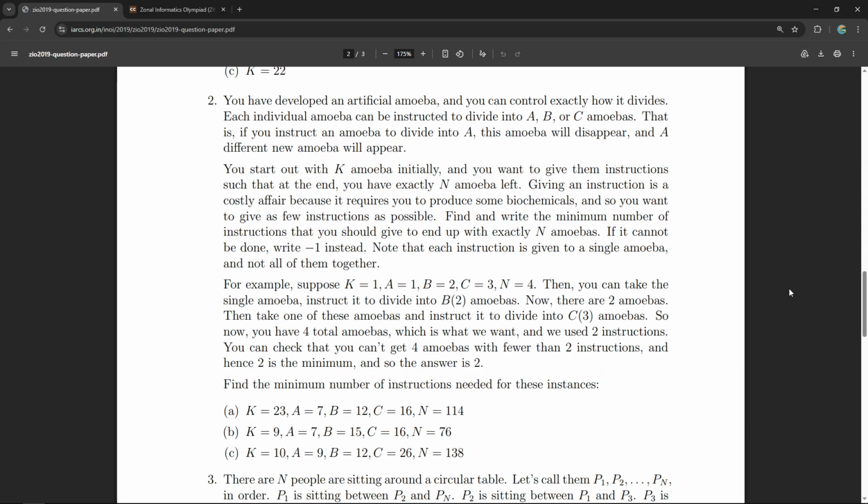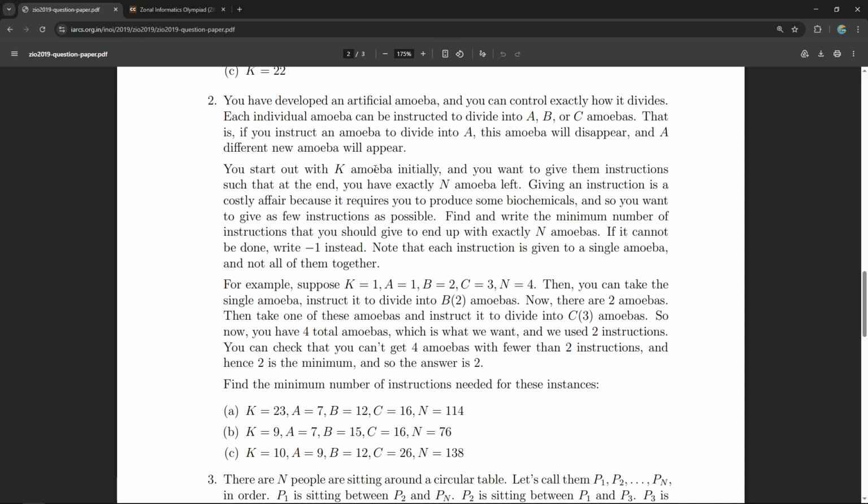You have developed an artificial amoeba and you can control exactly how it divides. Each individual amoeba can be instructed to divide into A, B or C amoebas. That is, if you instruct an amoeba to divide into A, this amoeba will disappear and A new amoebas will appear.